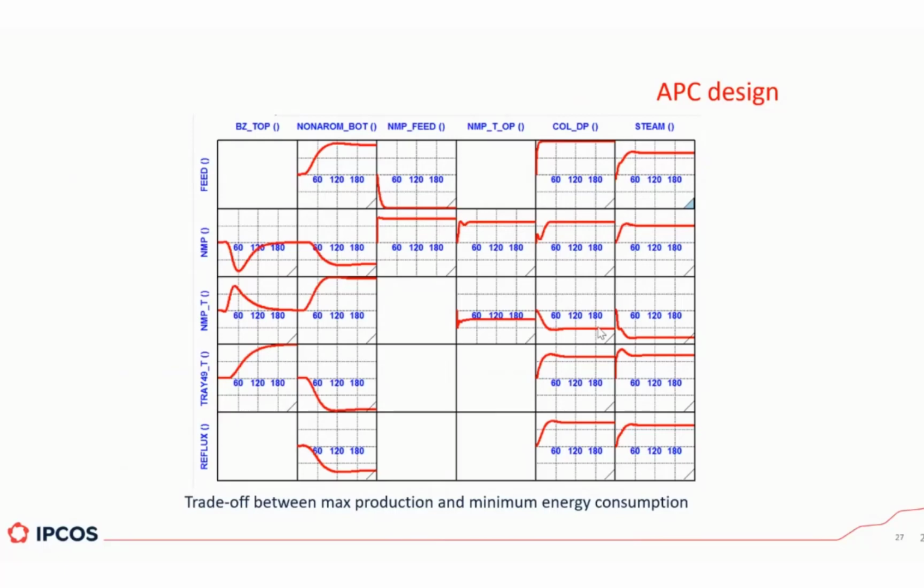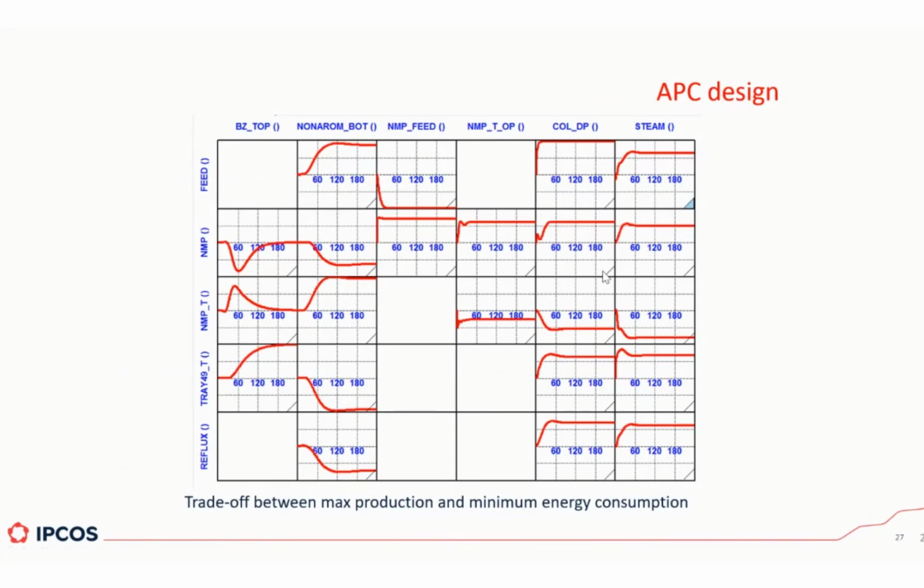So there were analyzers telling you the percentage of benzene in the top, and they were also telling you the amount of non-aromatics in the bottom. So those analyzers were working quite fine. But it also showed that your time to steady state was in the order of 4 hours, roughly. So it takes time for it to be controlled.